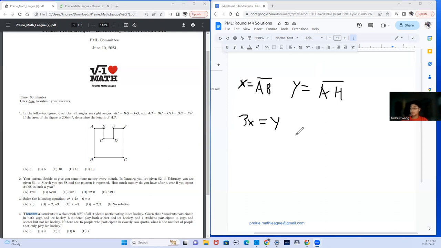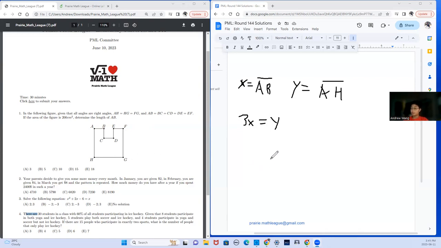The next thing we can determine is by using the area of the figure, which is 200 centimeters squared. We can see how BCDE is a small square, and AFHG is in the shape of a square, almost as if it's being cut out by the smaller square.